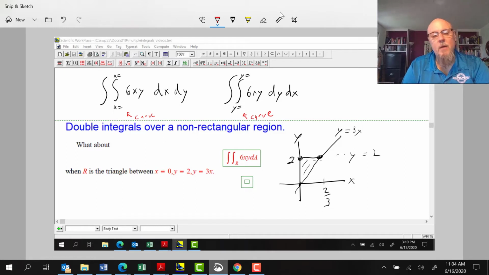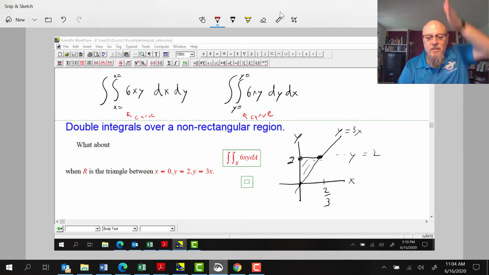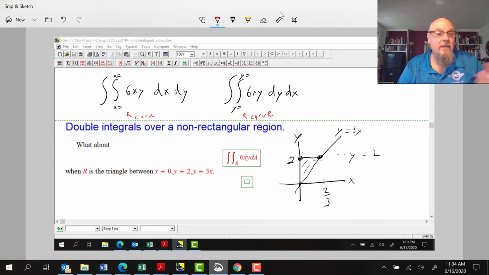Now, we did write them as if they were numbers when it was a rectangle, but I could still think of them as a curve. In this case, this is the curve x equals 0. So by writing 0 here, I'm really writing x equals 0.